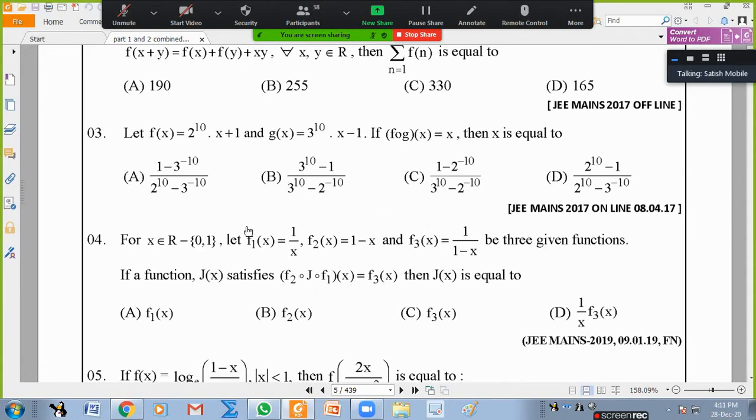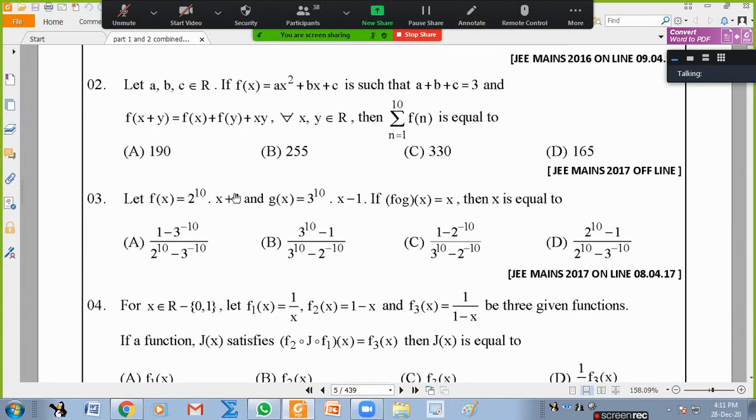Third question, the second one. They already gave f of x equal to x square plus bx plus c, and they wanted something here. I think I can discuss two methods maybe.